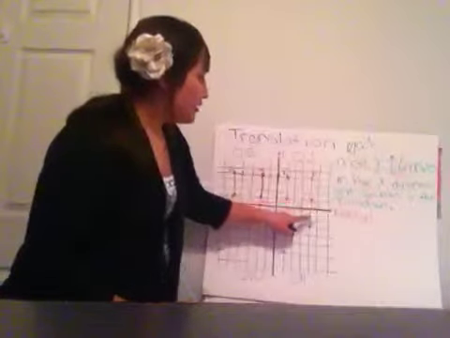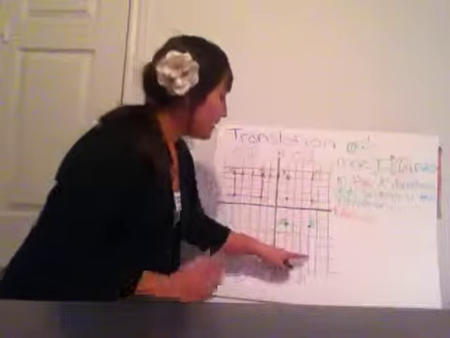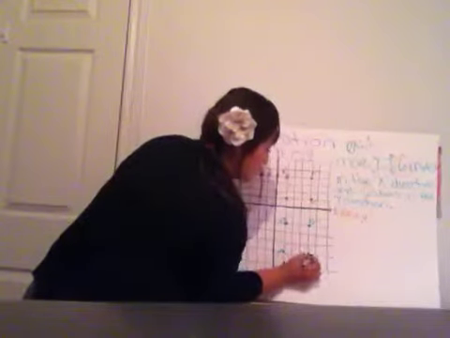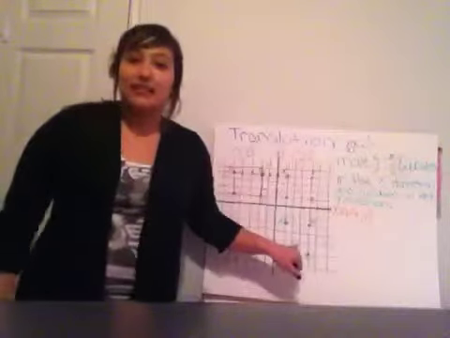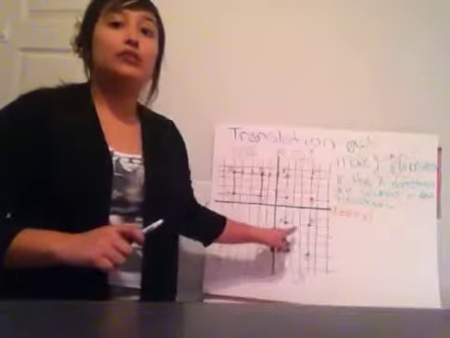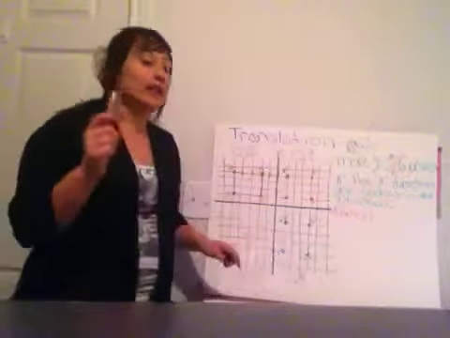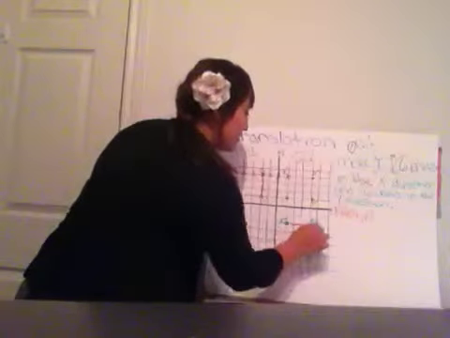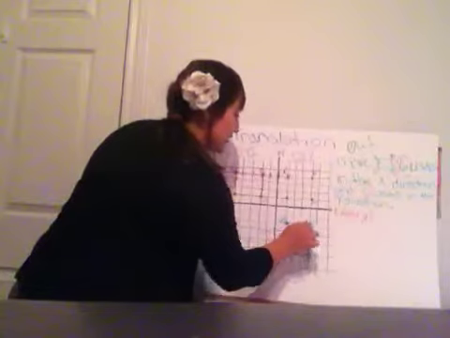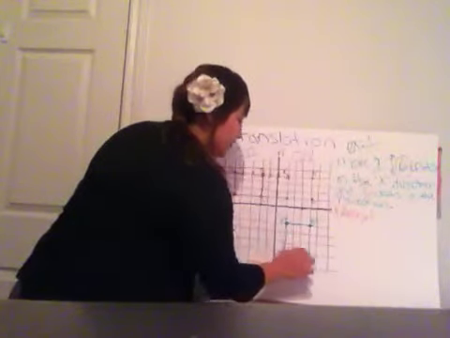And D. 1, 2, 3, 4, 5, 6. D double prime. Are we done yet, class? No, all we've done so far is draw our points. Now we have to connect our points. A to B, B to D, D to C, and C to A. Let me make that a little bit thicker so y'all can see.